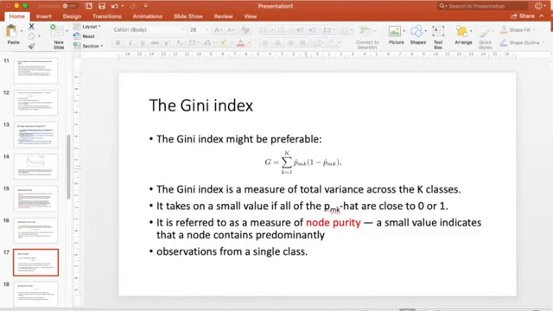So if you have a small value of the Gini index, it may indicate that the node contains predominantly observations from a single class. The Gini index gives us the information on the purity of a certain node.